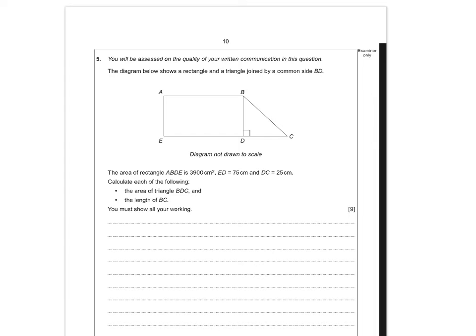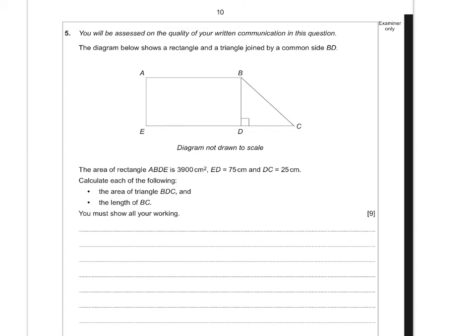Okay, the first thing I'm going to do to this question is I'm going to start putting in this information from here onto the drawing, just so I can start to make a bit of sense of it. So I know that the area of the rectangle ABDE, so A to B to D to E, this thing here is 3,900, or I should really say 3,900 centimetres squared.